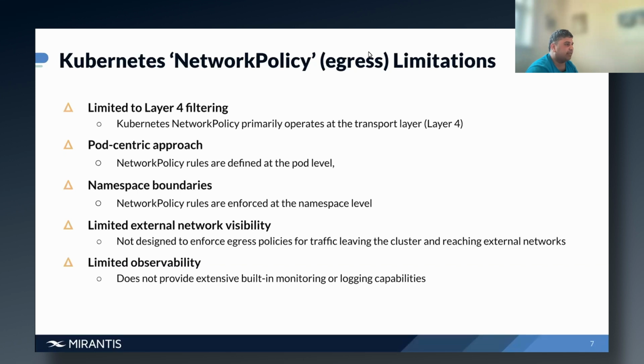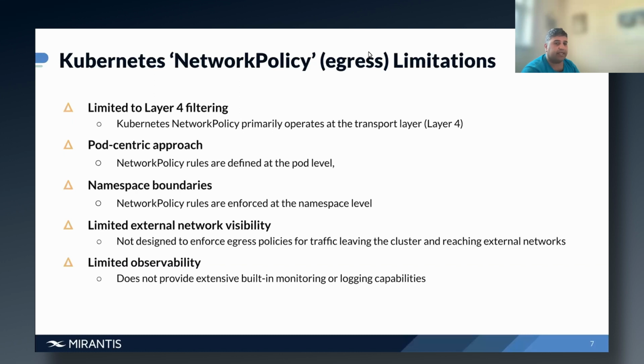External network visibility is again limited. The network policy within Kubernetes is not designed to enforce egress policies for traffic leaving the cluster and reaching external networks. So if you need to apply more aggressive egress policies for traffic leaving the cluster, you will need to rely on external network infrastructure such as firewalls or network gateways, such as an Egress Gateway, which we'll talk about on the upcoming slides.